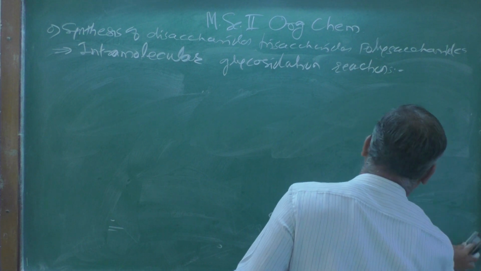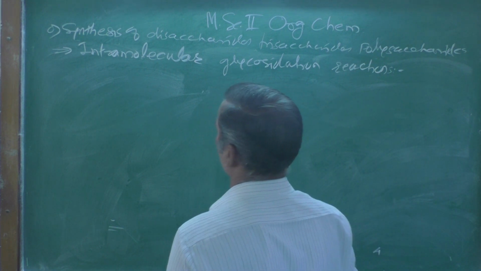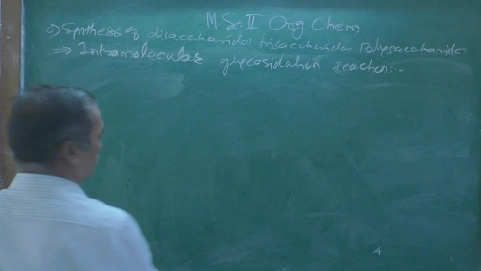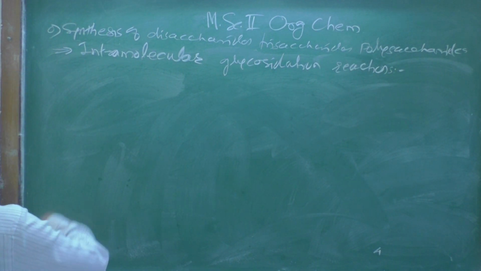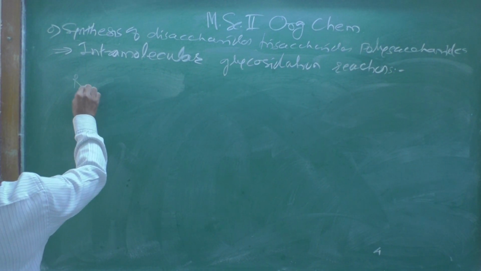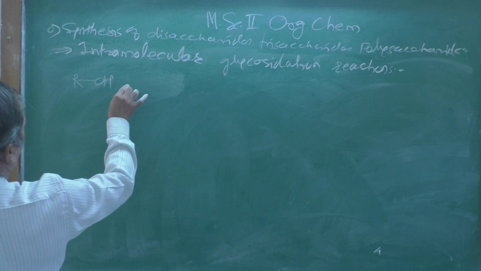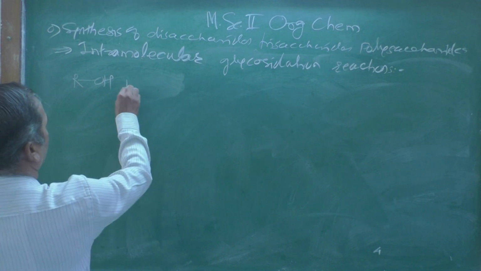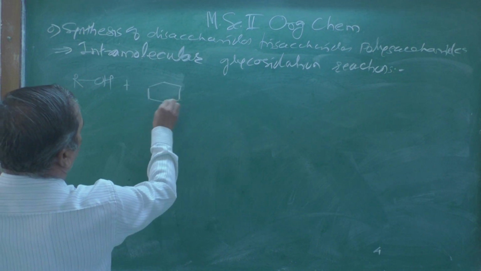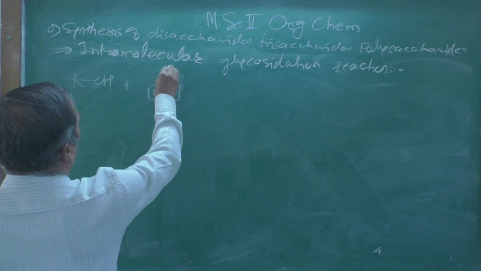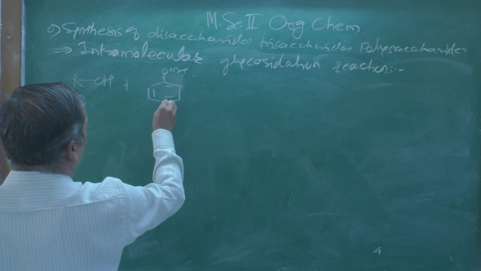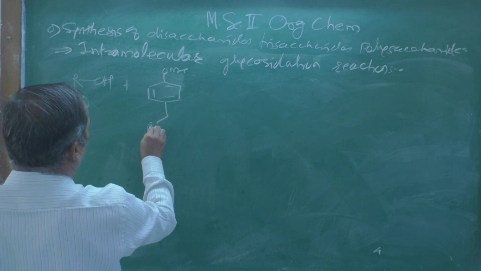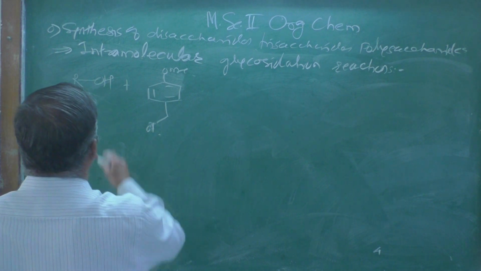Let's see that also here. As we know, the general formula of alcohol is ROH, and this will be treated with paramethoxybenzyl chloride.